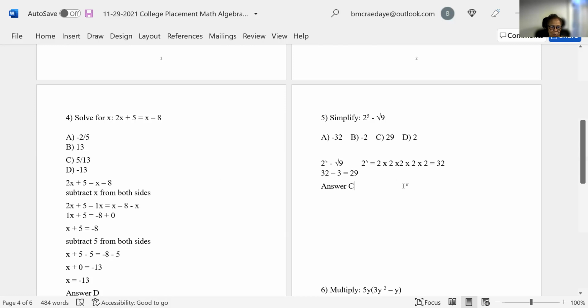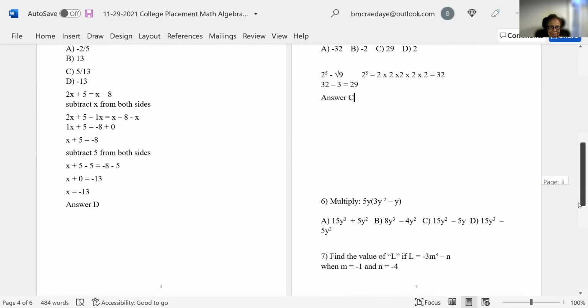Okay, now Maureen, the number 6. What's the answer for number 6? Remember, the 5y is multiplied by everything within the parentheses. And when you multiply exponents, you add them, right?